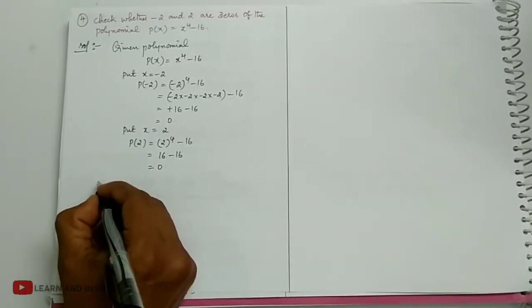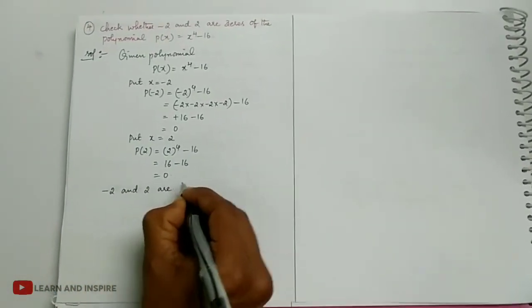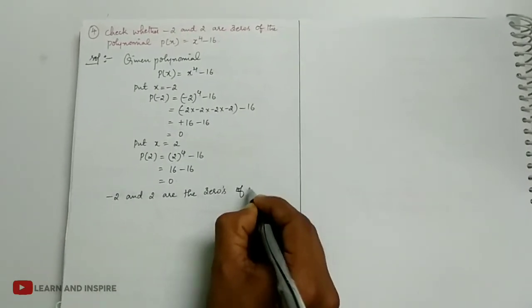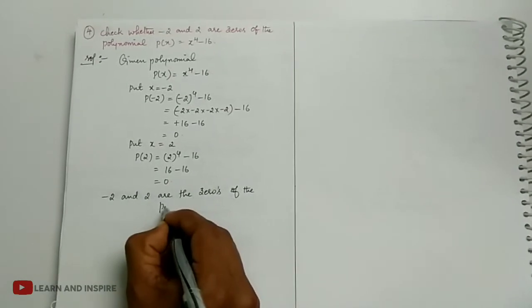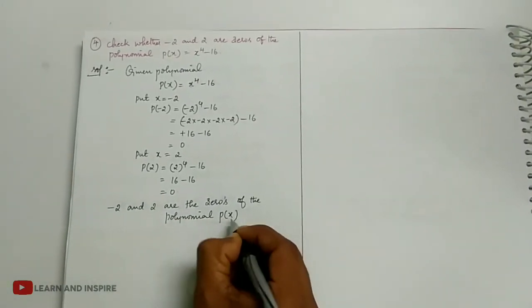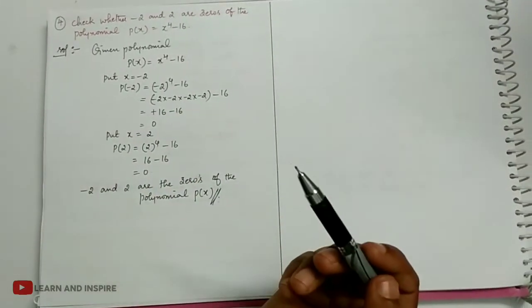So from this we can say that minus 2 and 2 are the zeros of the polynomial p of x. Understood?